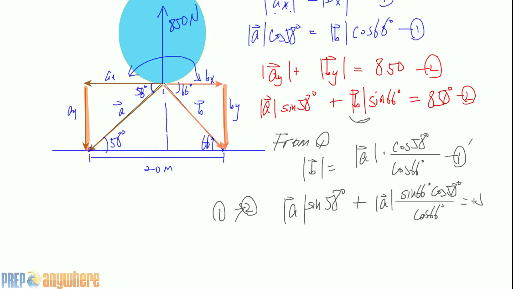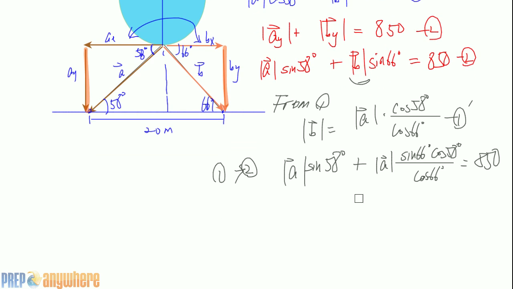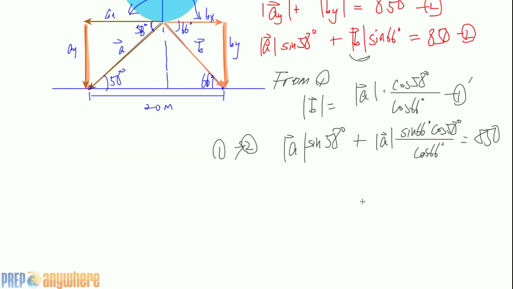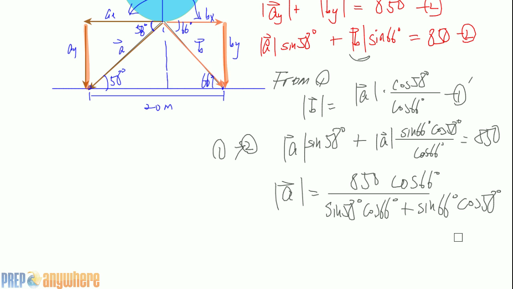Okay, that's all equal to 850. And the 850 shouldn't have an angle there. Okay, so you just factor out A. And you know that it's going to be 850. You can times both sides by cosine of 66. So cosine of 66 and divide by, okay, that'll give you the value, the magnitude of A.